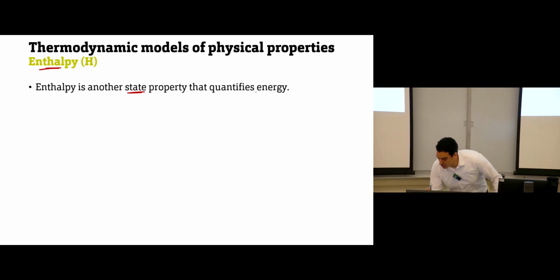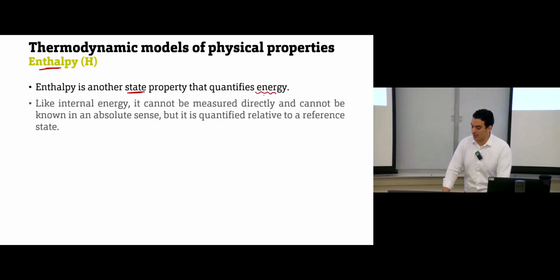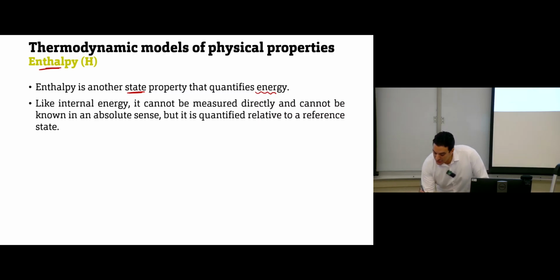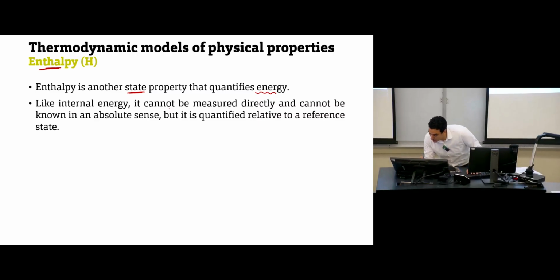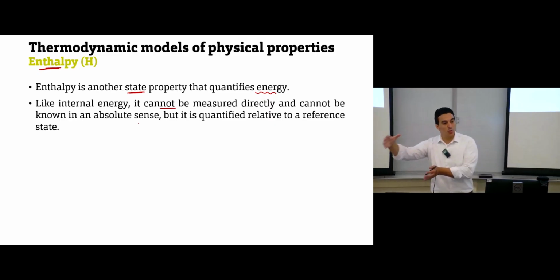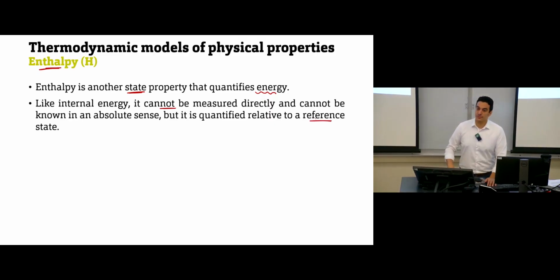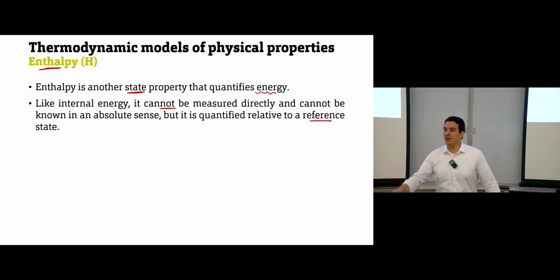And this form is also used to represent or quantify the amount of energy your system has. Again, it's similar to internal energy, cannot be measured, which means we need to quantify or estimate a value relative to a reference. And again, this means you can have negative enthalpy values.